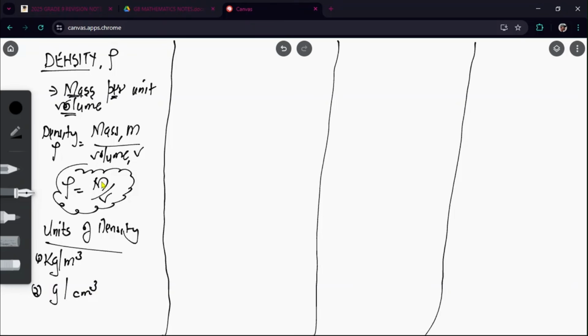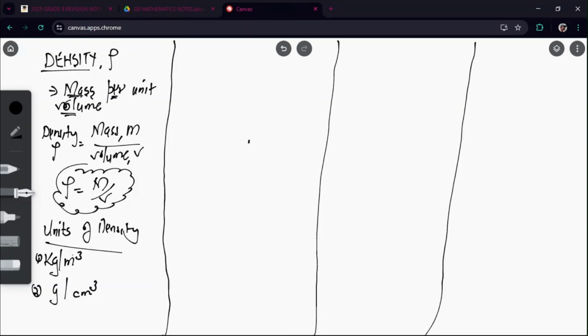Grams is the unit for measuring mass, and centimeters cubed is the unit for measuring volume. It's good to know that kilograms goes with meters cubed, like what you have here, while grams goes with centimeters cubed.